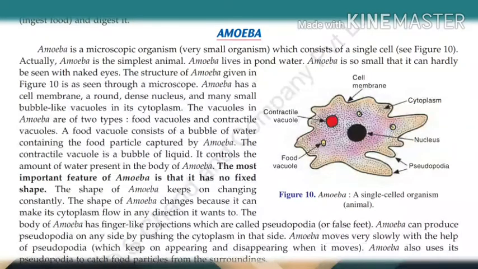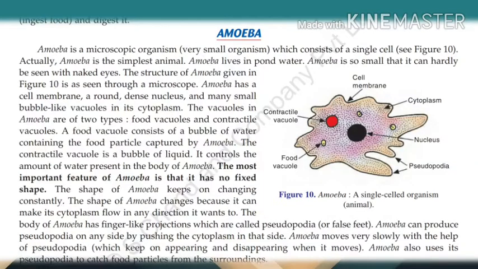Now, the most important feature of amoeba is that it has no fixed shape. No fixed shape means its shape keeps changing constantly. Now, why does it change?